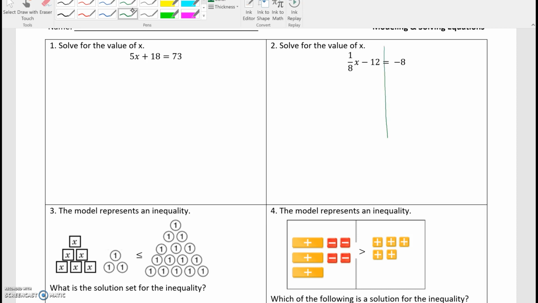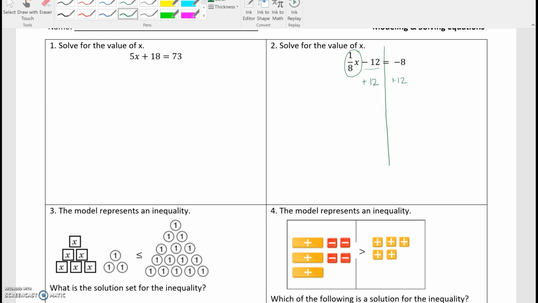So I always draw the line down the equal sign. I am trying to get x by itself. My first step is always to add or subtract. So right in here, I see minus 12. So I need to undo it, so I'm going to do the opposite. So I'm going to do plus 12 on both sides.